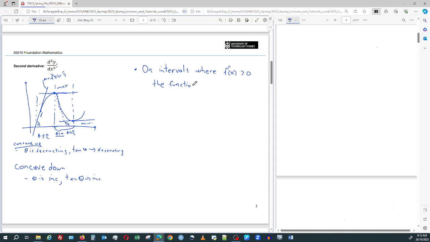With decreasing and then increasing tan theta. Concave up.